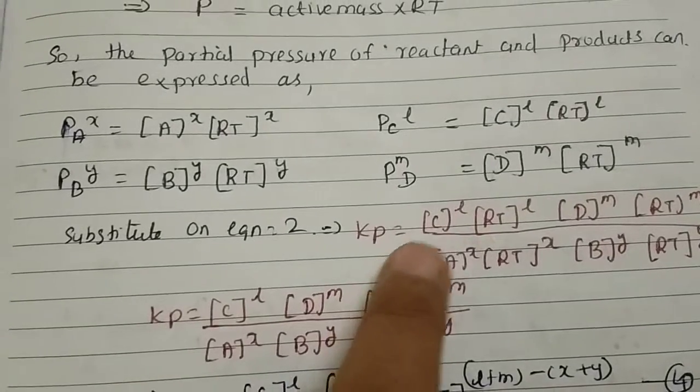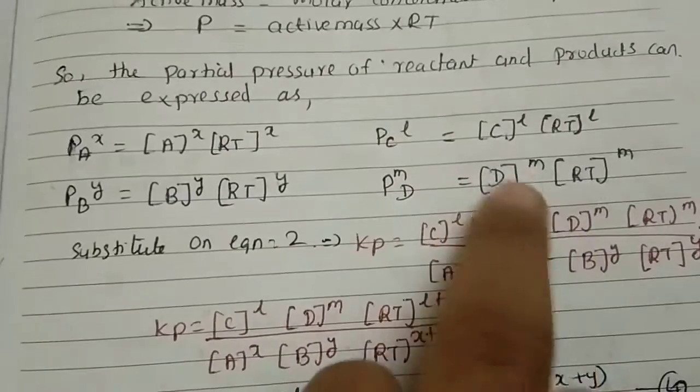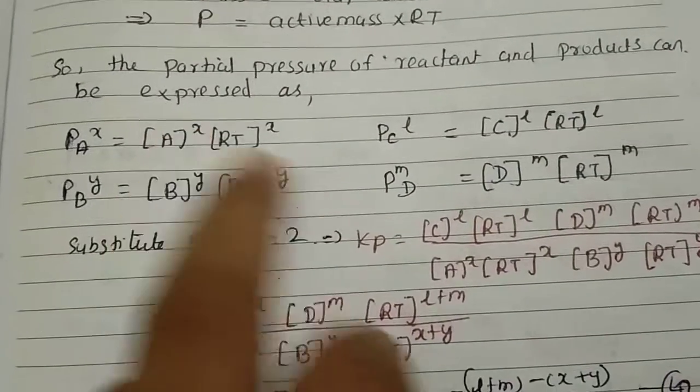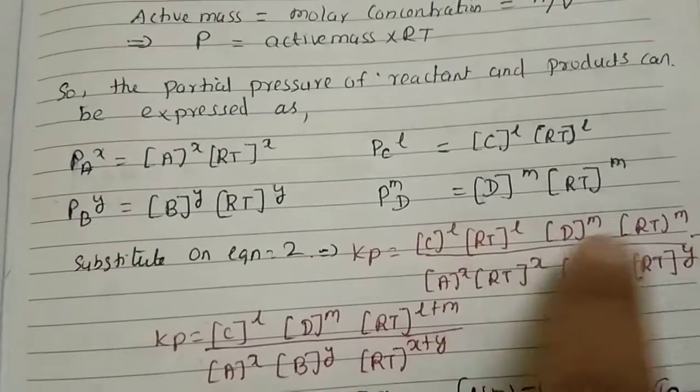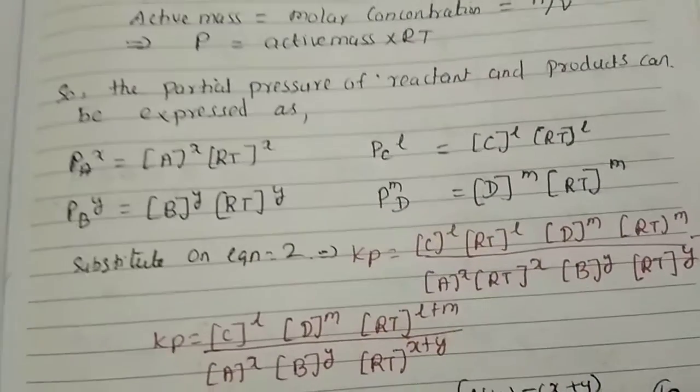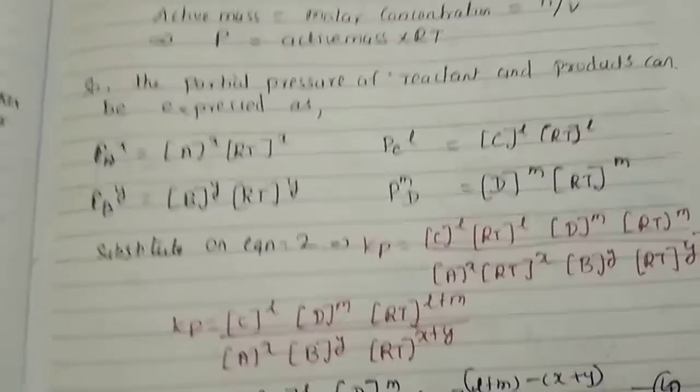So you are getting Kp equal to Pc value into Pd value, divided by Pa value into Pb value. RT is common for both C and D, so you have to take it as common.